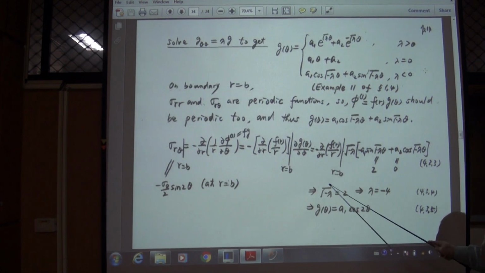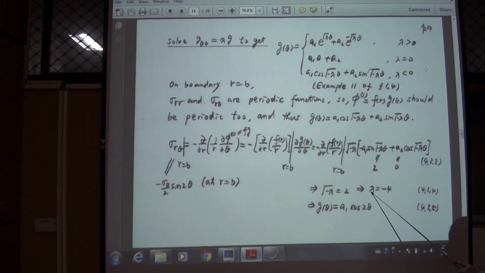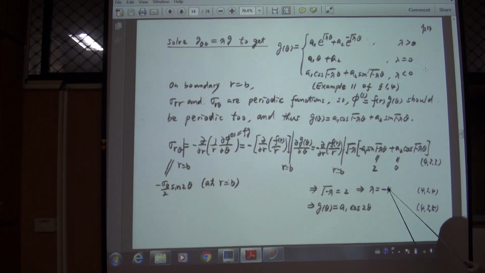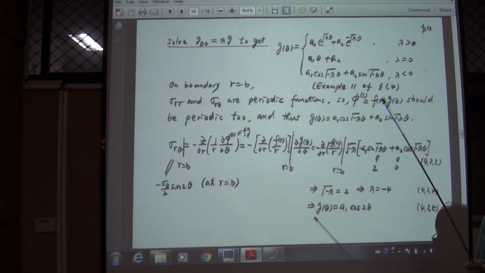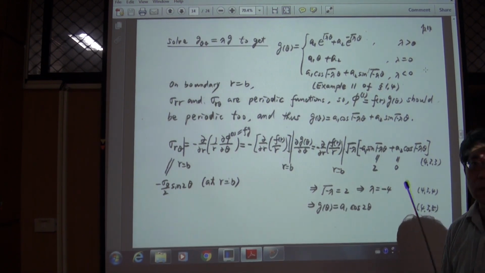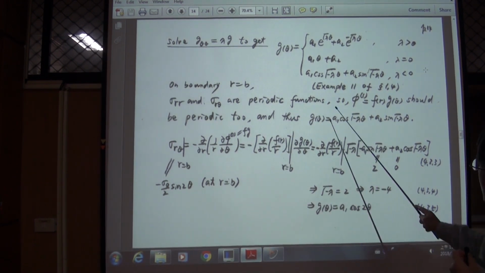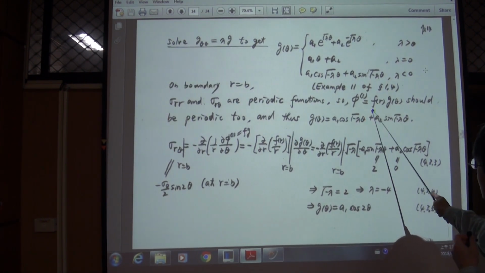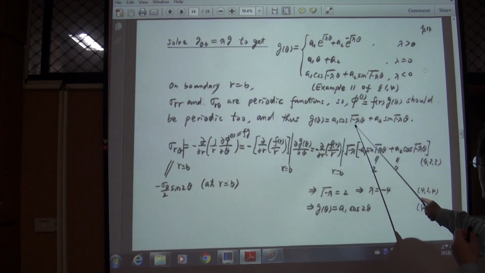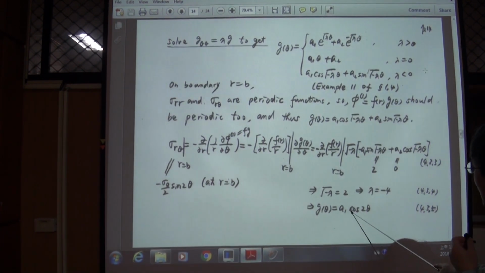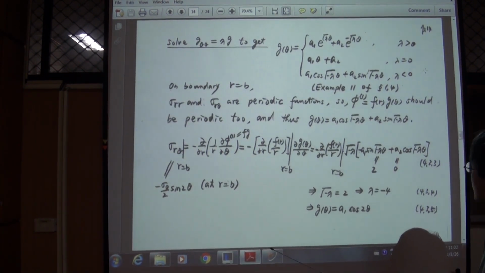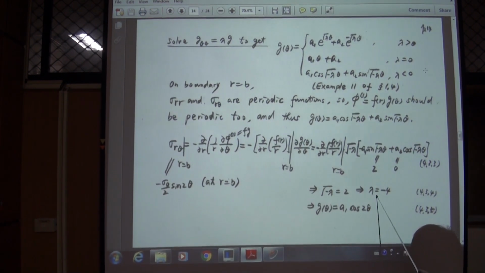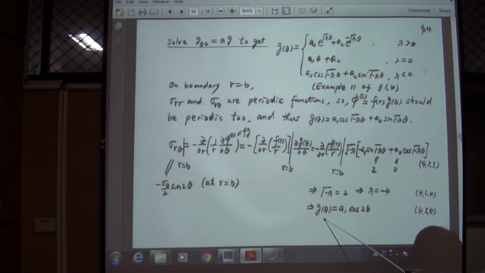We write it like here, so lambda equals minus 4. In this way we have obtained the solution of G, because A2 equals 0 and this drops out, and this one equals 2. So finally, we have obtained the function G theta.